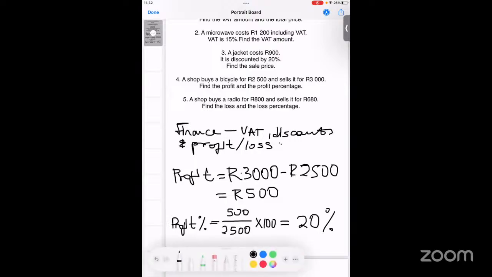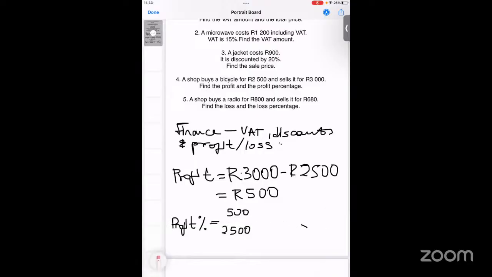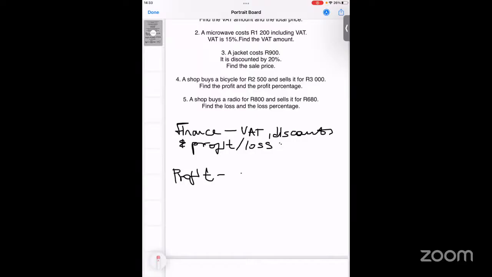Okay, then it's fine. Not that much of a complicated calculation to do. You just need to try and interpret it to say, if I bought this for this much and now I'm selling it for this much, that means in terms of profit, I've actually added 20% to the original price.